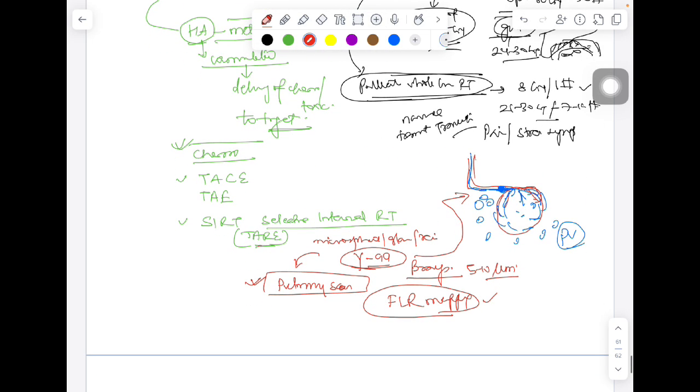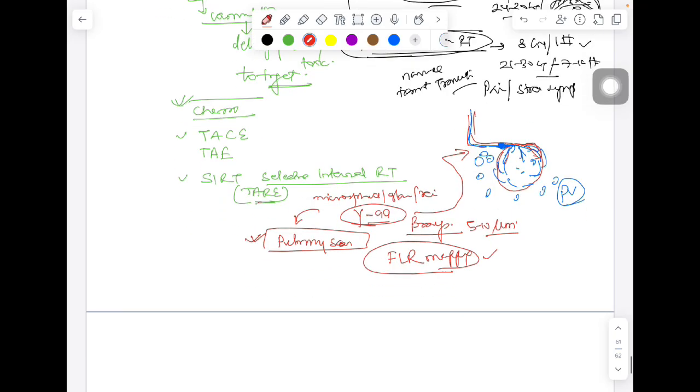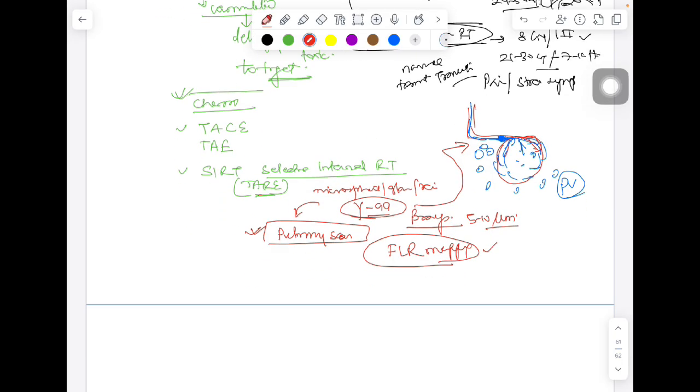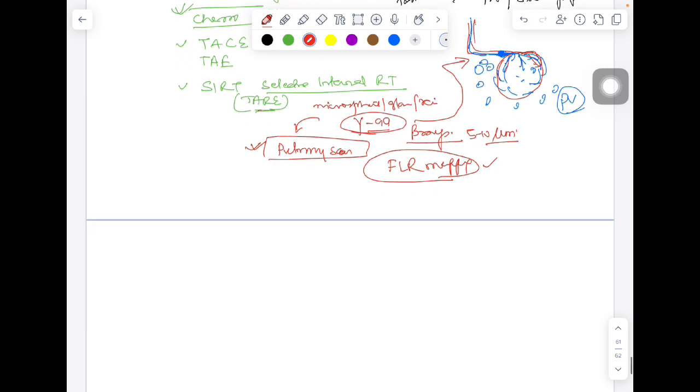So what we have read, we can do surgery, we can do radiation, and we can do chemotherapy also directed there. So these methods of increasing FLR are the basis of treating metastasis or the primary liver disease. Now coming to why we are interested in CRC, colorectal carcinoma with liver mets.